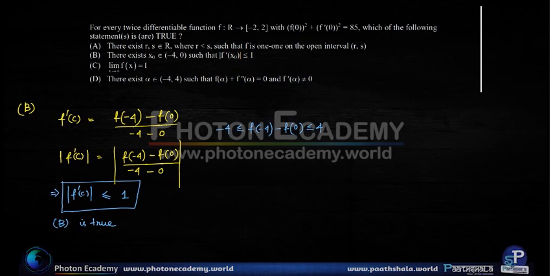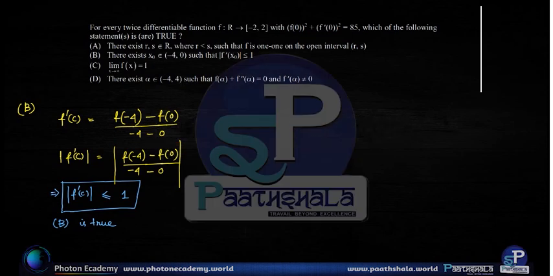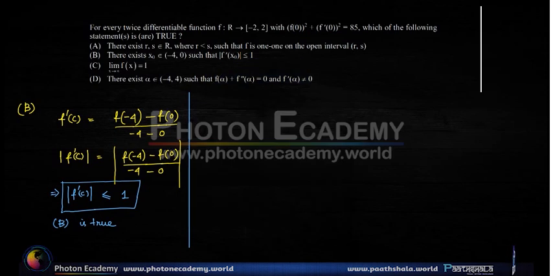Now, for evaluating option C, we have limit x tends to infinity of f of x is equal to 1. To do that, let's take an example. If we find a function which satisfies the given equation, that is f of 0 square plus f dash 0 square is equal to 85, but doesn't have a limit when x tends to infinity, then we can prove that statement C is false.